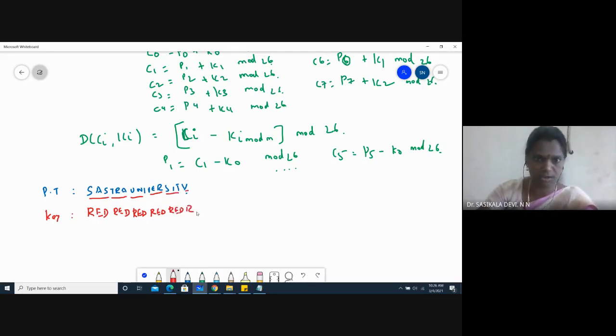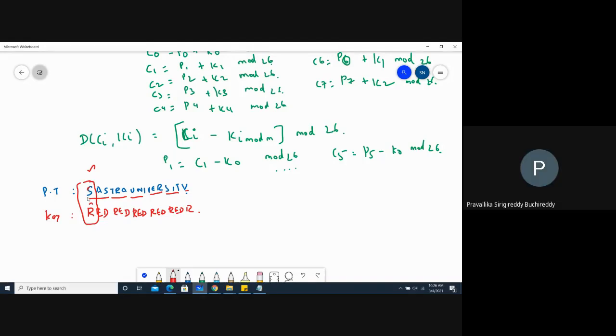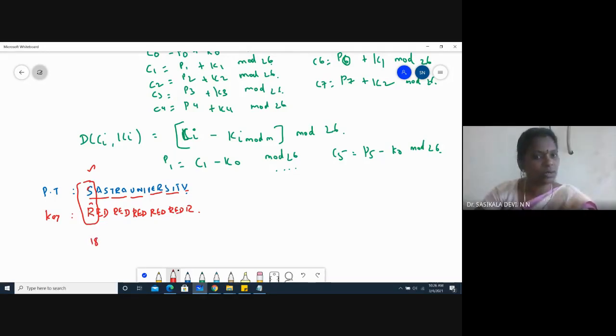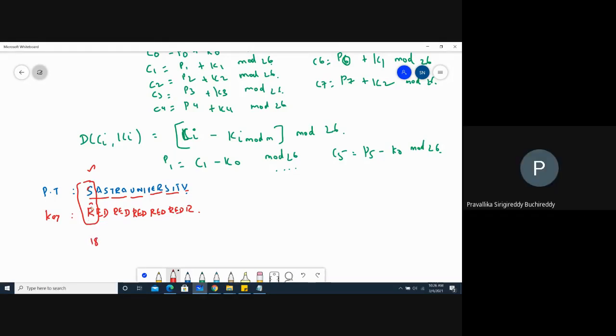Now these two are solved by using a simple shift cipher. S is used as a plain text and R is used as a key. S's equivalent integer position in the alphabet, starting with 0, is 18. R's equivalent integer position is 17.